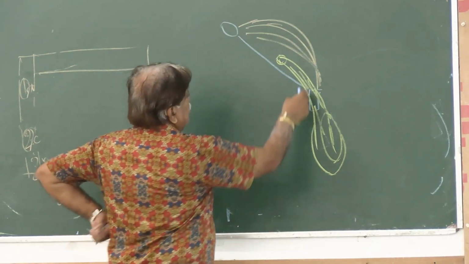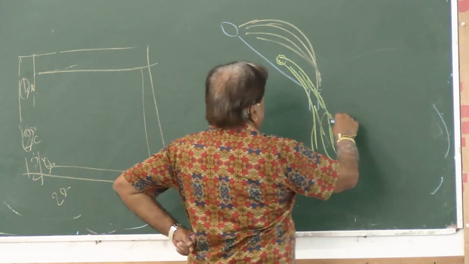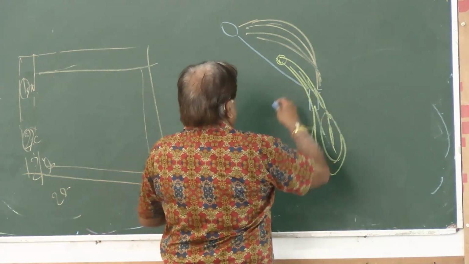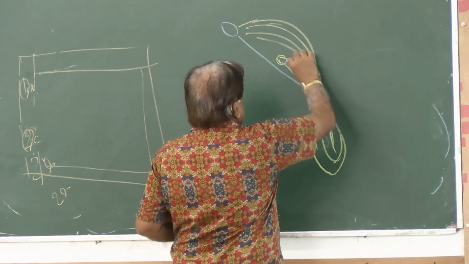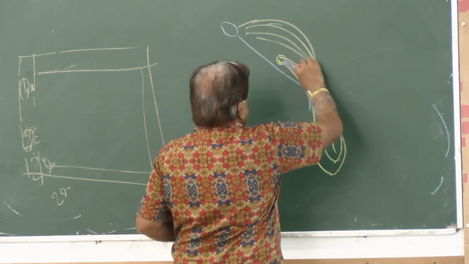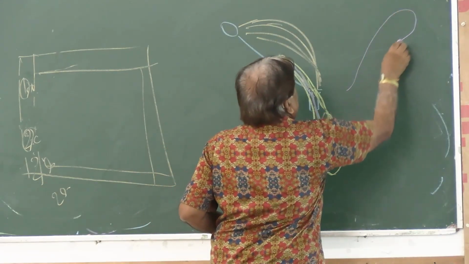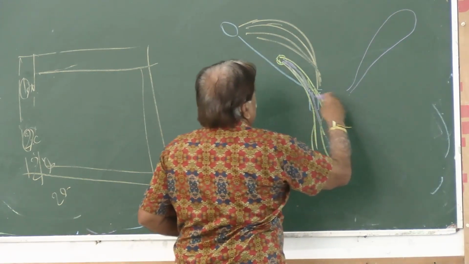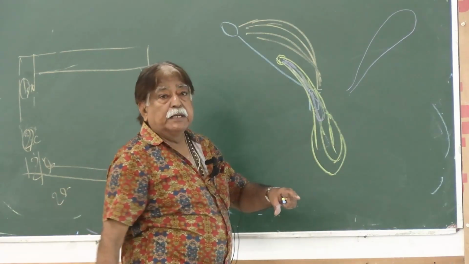What I did is that after removing the sac, actually it is a protrusion from the deep ring like this. It has a fundus and the body like this. It is adherent to the spermatic cord.